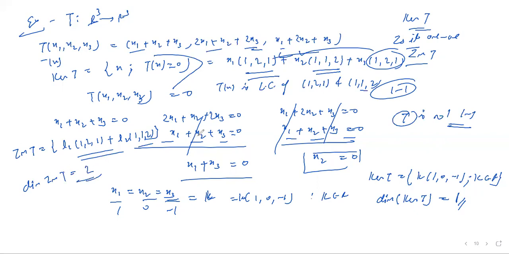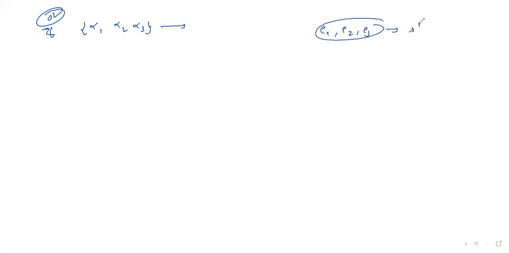Now we can also find the image vectors by using the standard basis. If we have the vector space R3, the standard basis of this will be E1, E2, E3, the corresponding standard basis for R3.